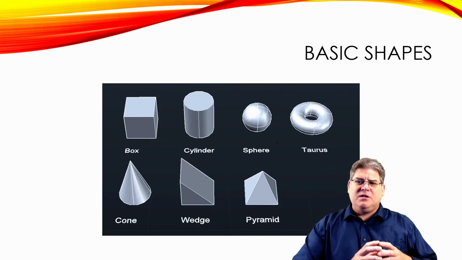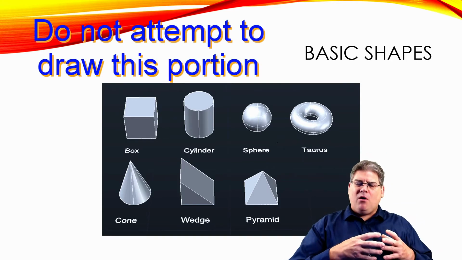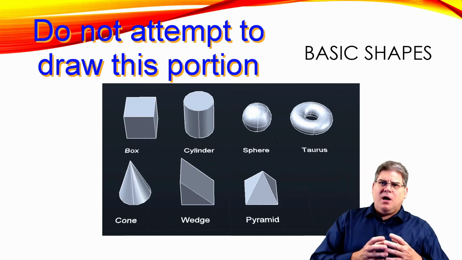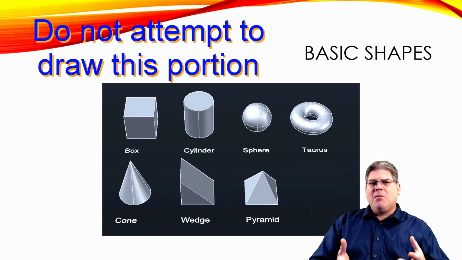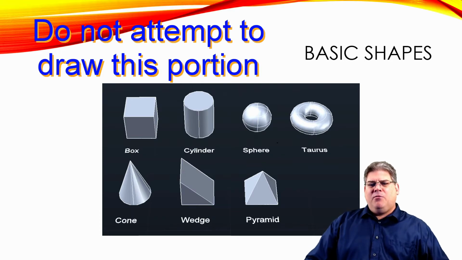There are some basic shapes that create all of our geometry. If you look around and you find some object around your desk, you'll find that it may be complicated, but in reality, when you break it right down, there are 7 shapes that you could use to construct almost anything. Okay.